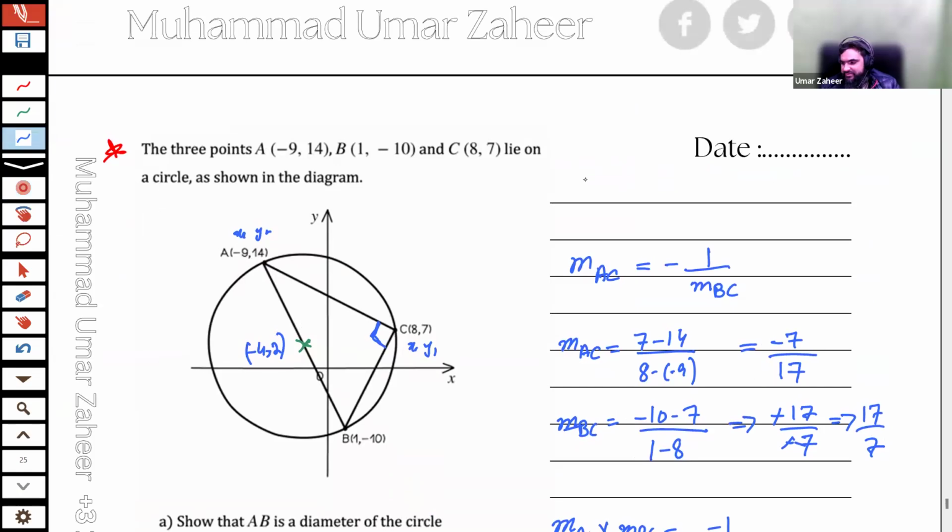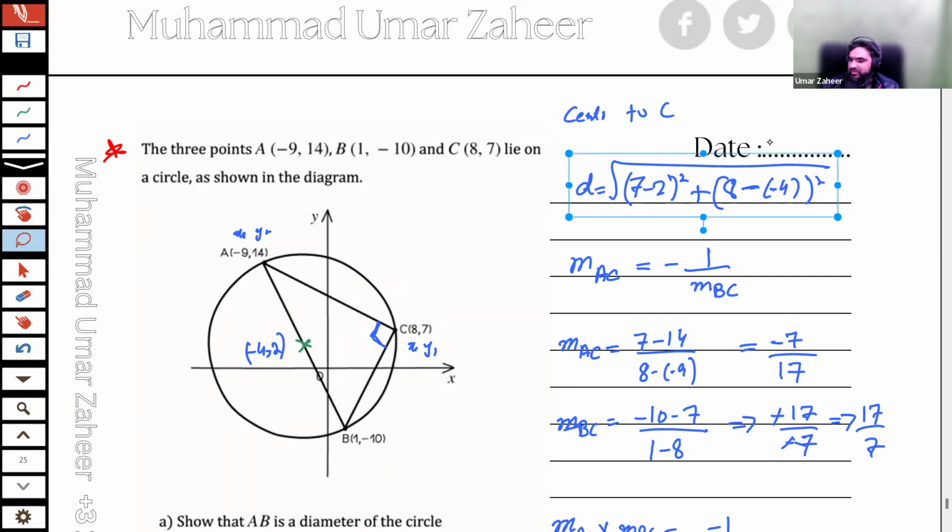So let's find the distance from center to C. So it is the square root of 7 minus 2 whole squared, distance formula, plus 8 minus minus 4 whole squared.